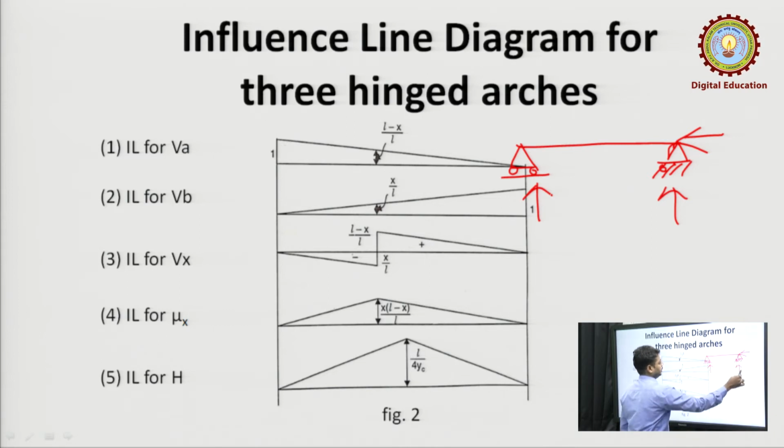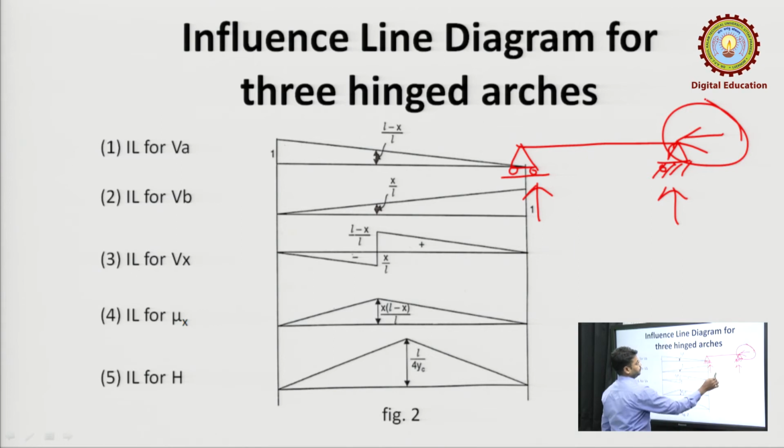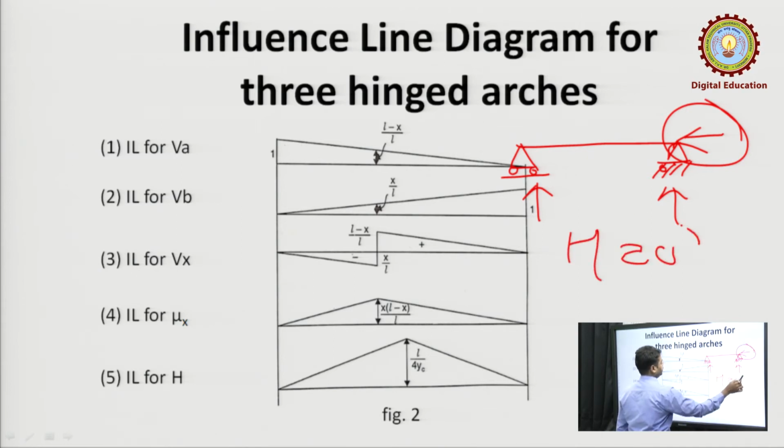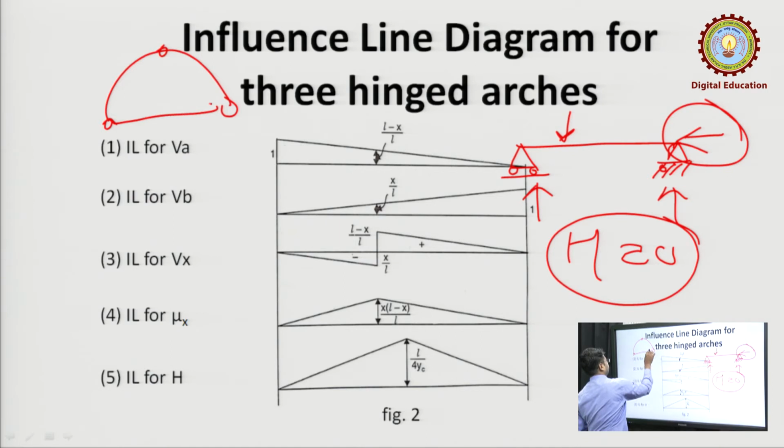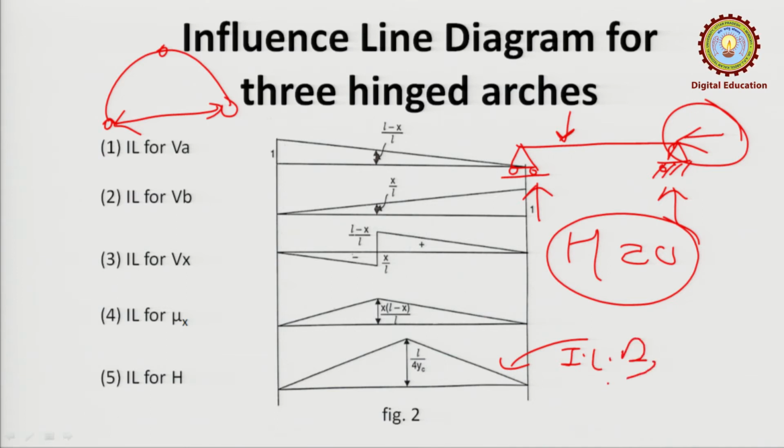So you can see here there is only one horizontal force which will be equal to 0. Because of that reason, in the simply supported beam and in the simply supported 3-hinged arch, one more ILD came here, which is for horizontal thrust. Okay.